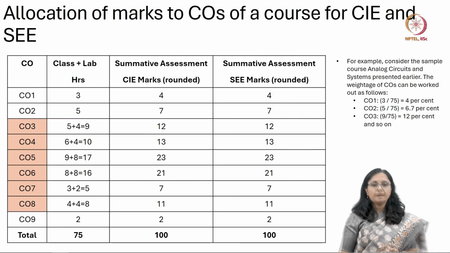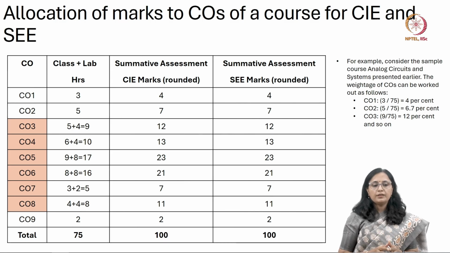Now, in this table, you can see that the same set of course outcomes that we have just discussed are coming here, and the number of classroom hours and lab hours details is also coming. So, for example, CO1 is dedicated 3, which means 3 is for classroom hours, while you can see CO3 is 5 plus 4 is equal to 9, which means 5 is for classroom hours and 4 is for lab hours.